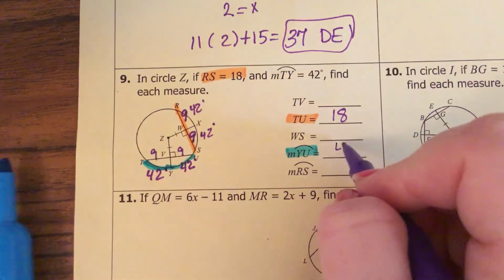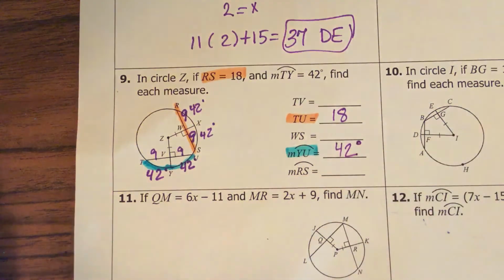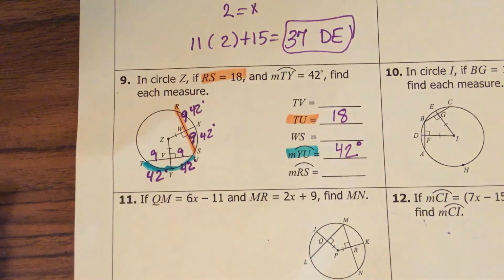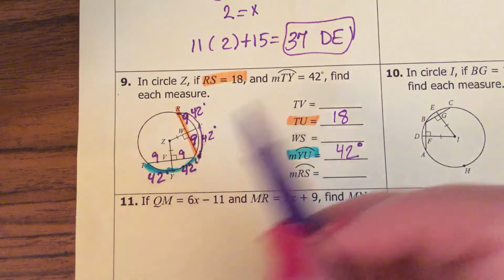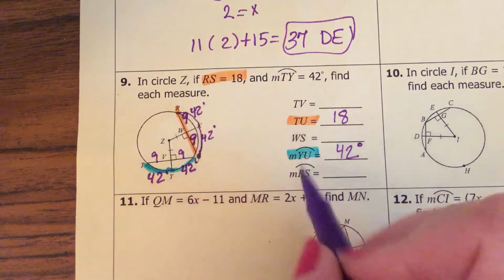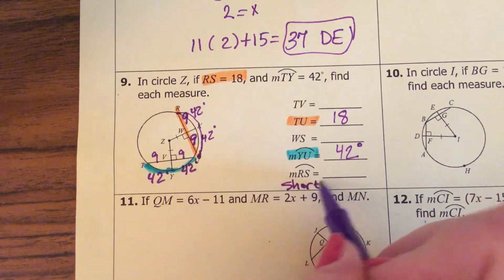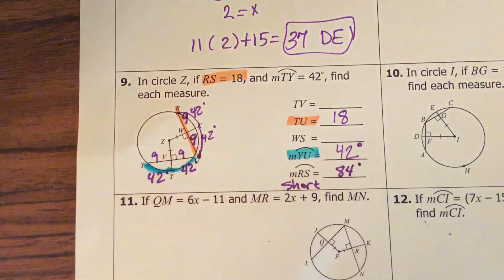So this is also 42, and that's in degrees because that's an arc. Then it asks us for RS. Okay, well think about if I add these two together from R to S, remember it's 2 letters, so it wants the short way, R to S. I'm going to add those and get 84.